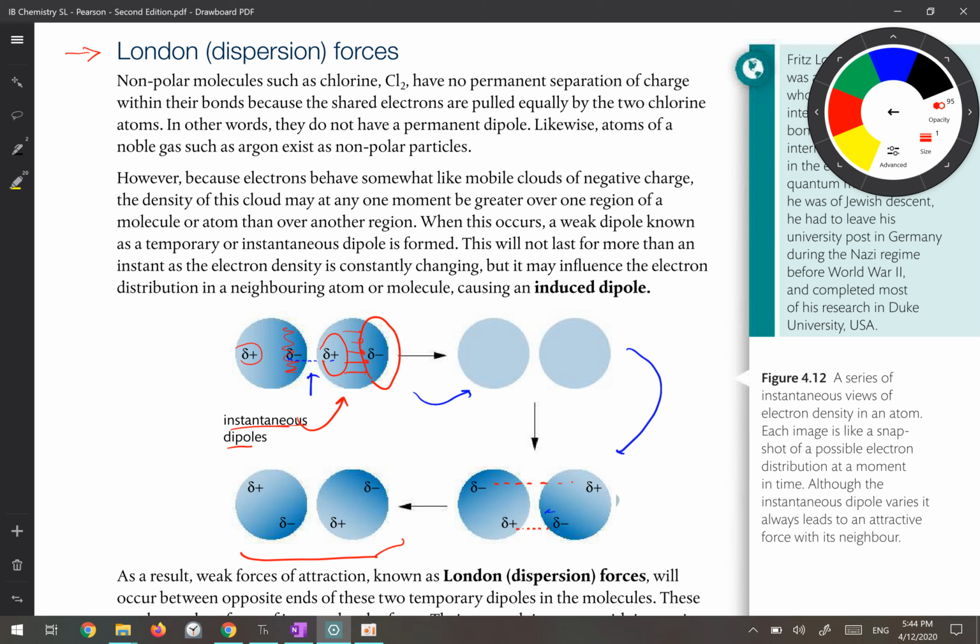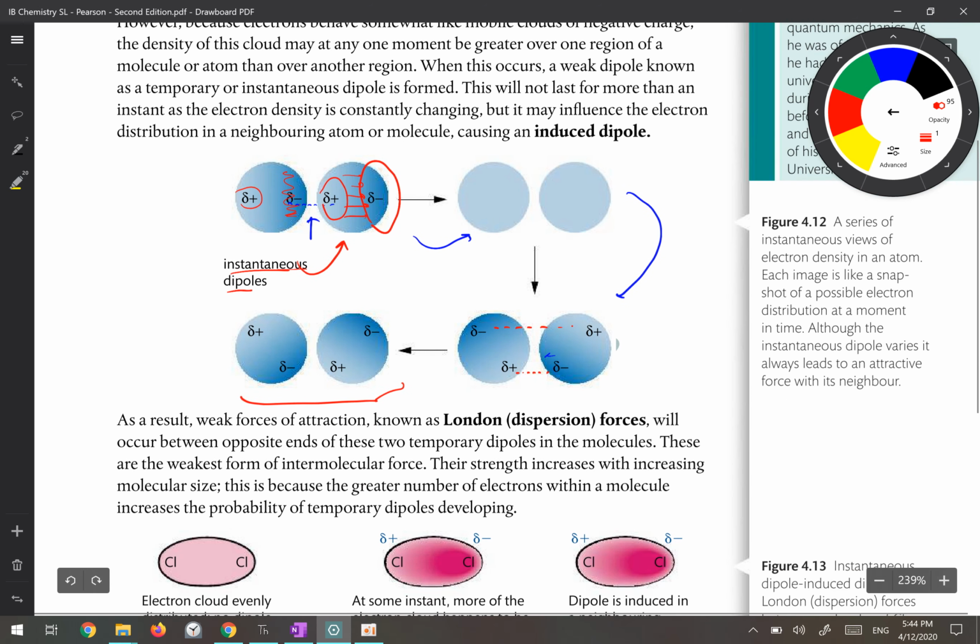This is the London dispersion force, and it's very important for non-polar particles, because in non-polar molecules, this is the only source of attraction between them. What you must know about the London dispersion force is that it occurs between opposite ends of two temporary dipoles. The dipoles which form here are temporary, and a temporary dipole does not last for more than an instant.